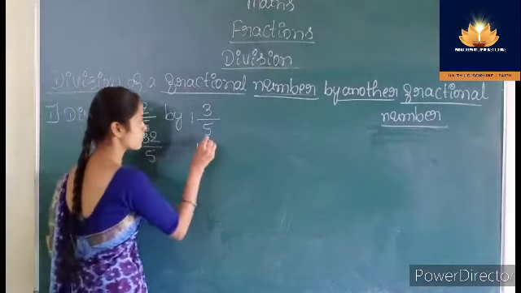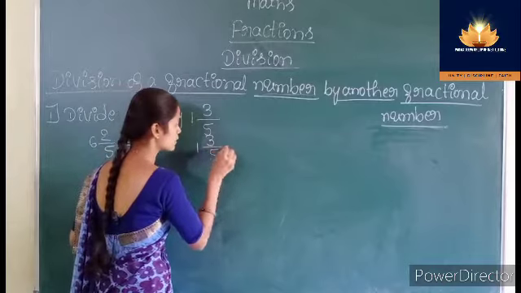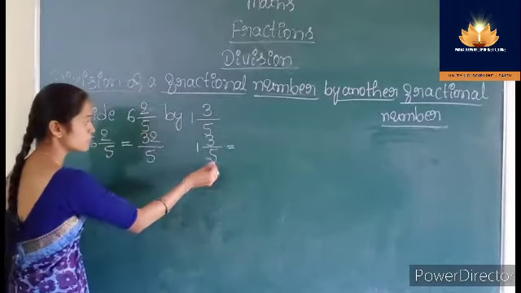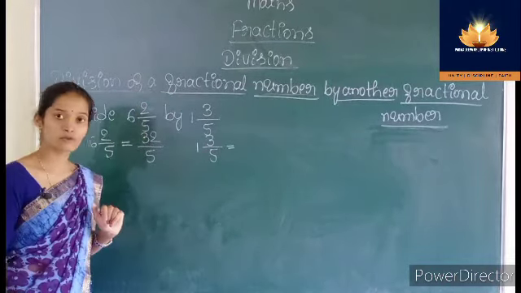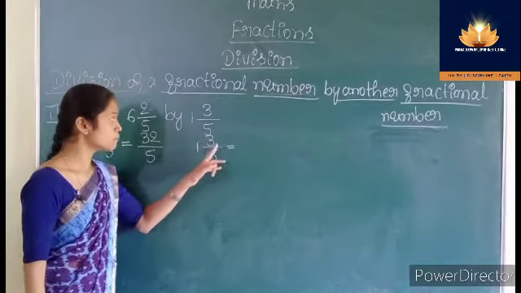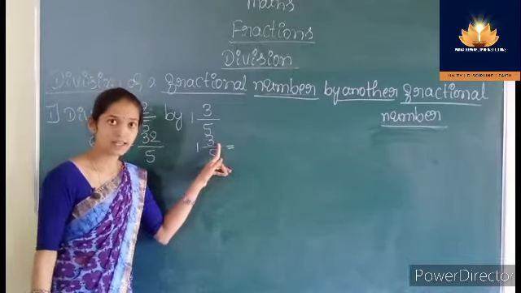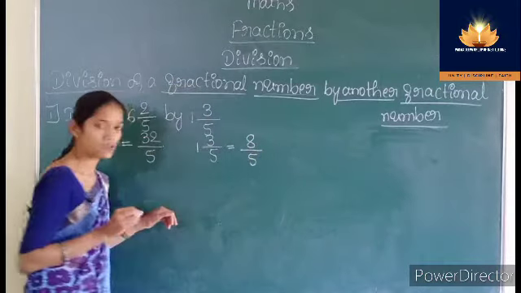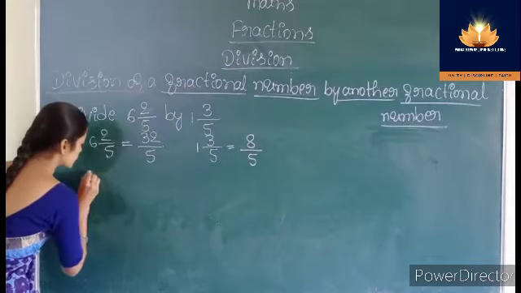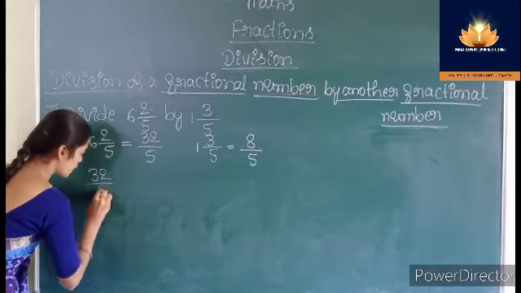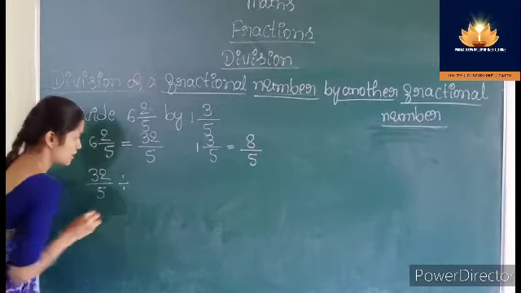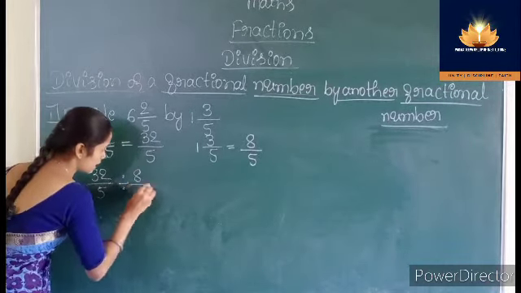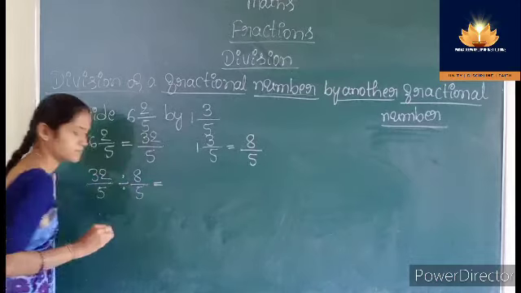Then 1 3 upon 5. 5 ones are 5. 5 plus 3, that is 8. 8 upon 5. Now we have to divide 32 upon 5 divided by 8 upon 5.